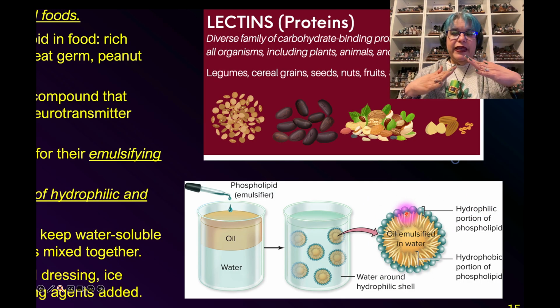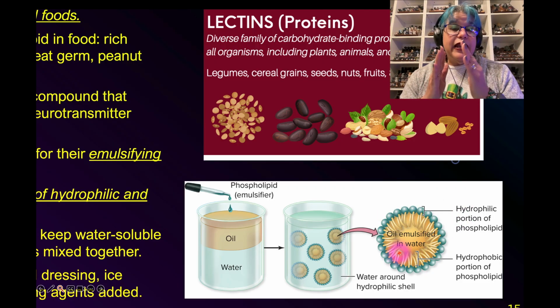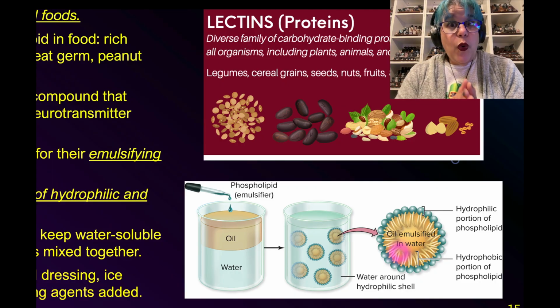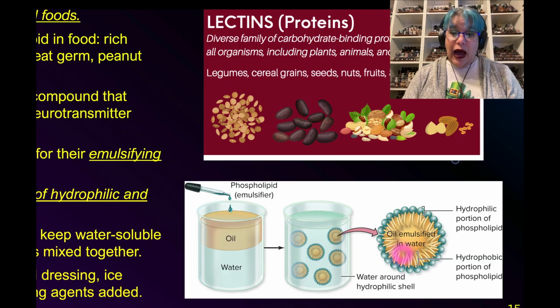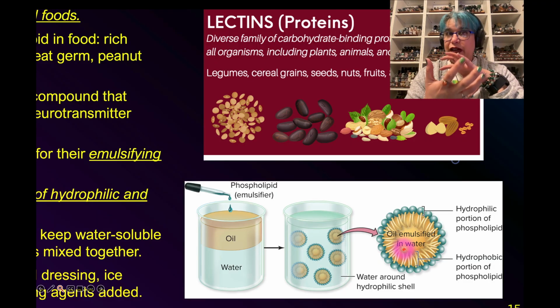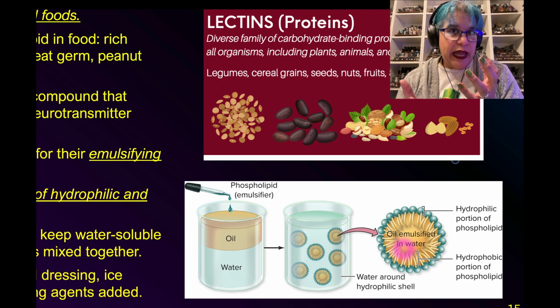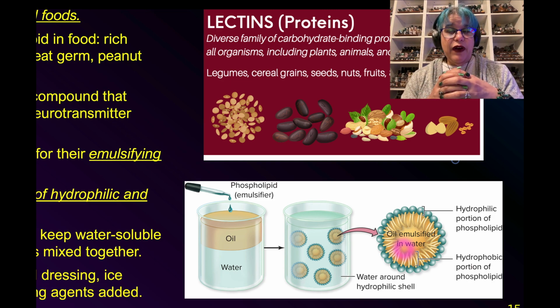Inside, going toward the center of the basketball, would be where all of the tails are going to be. They're all going to be facing inside. Now remember, the tails don't like water. Who else doesn't like water? Oil doesn't like water. So I can put oil in the middle of that basketball where all of the tails are surrounding it, because just like the oil, the tails don't like water, and they'll get along just fine.